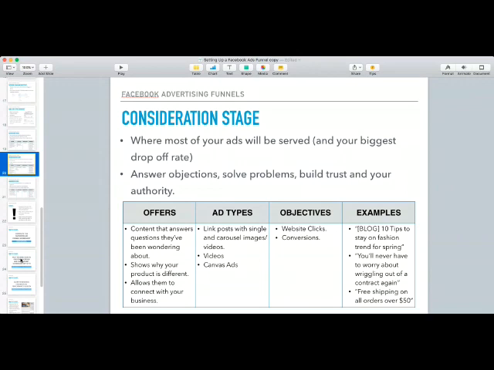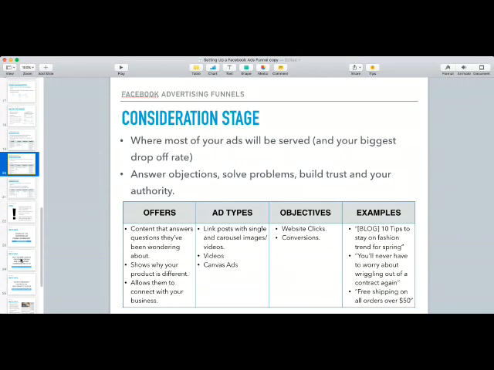You might put a blog out there, for instance, which probably isn't one of my strong points: 10 tips to stay on fashion trend for spring, something that offers value and makes people say, yes, I need to know that because I want that information and knowledge. Another one might be: you'll never have to worry about wriggling out of a contract again. That offers a benefit and an emotional connection with people that have gone through that, because we've all been there, tied to a contract and unable to get out of it.